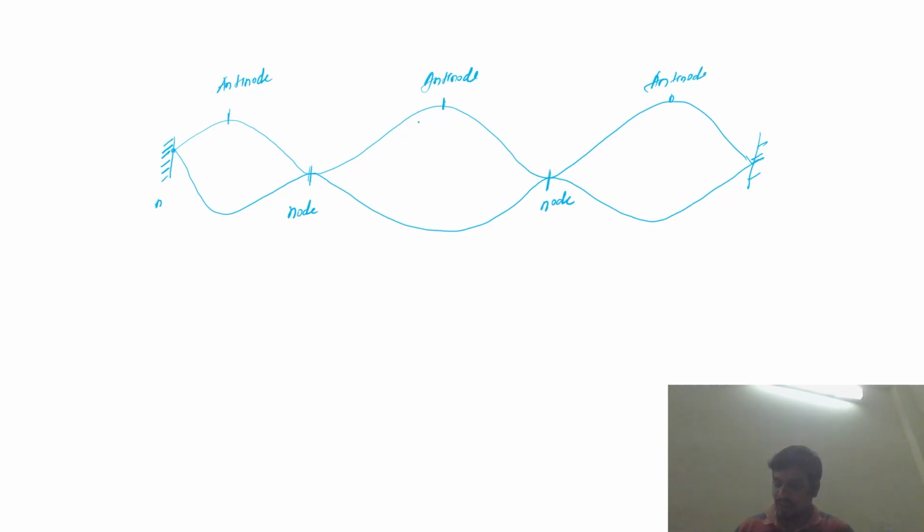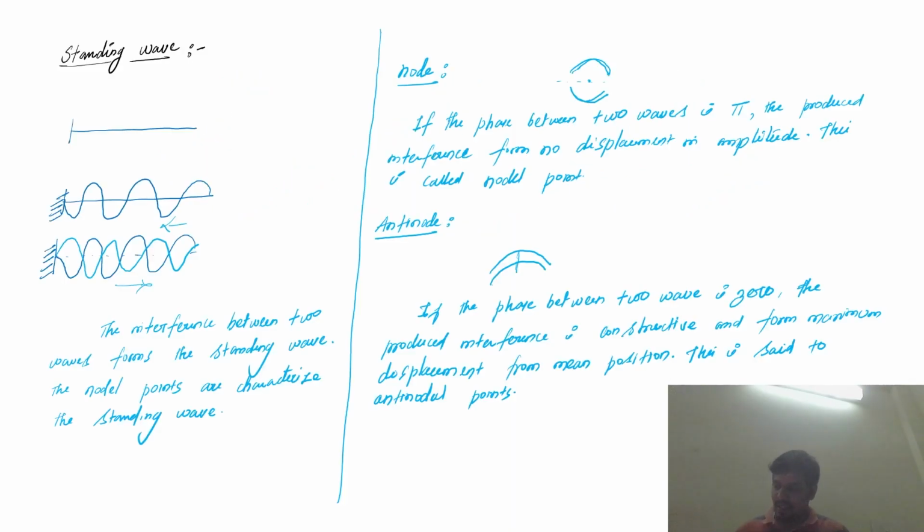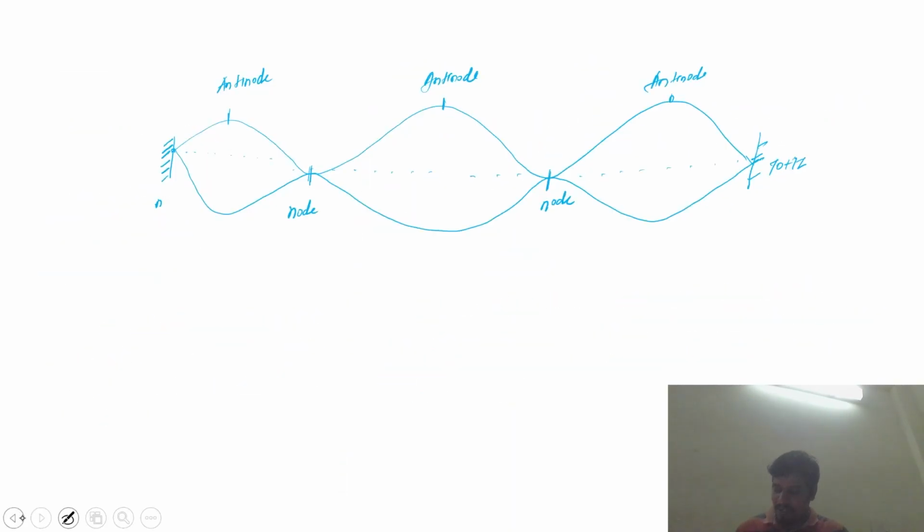That means in between node and antinode, the two waves are meeting with a phase difference that is neither 0 nor pi. So this is the way the standing wave forms. That means all the points vibrate with the same frequency because we are producing this. Suppose you are producing this wave at 70 Hz, then all the points on the string will vibrate with the same frequency.